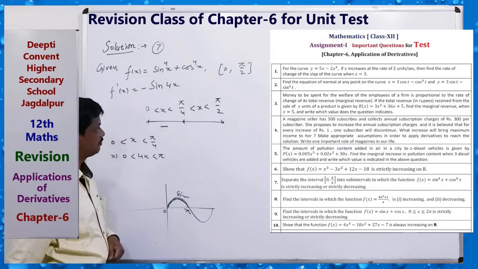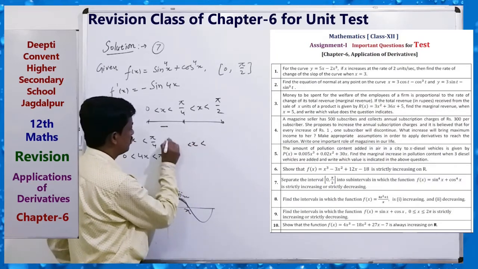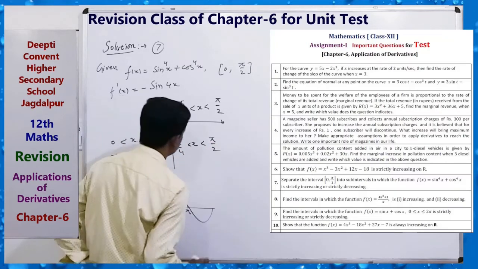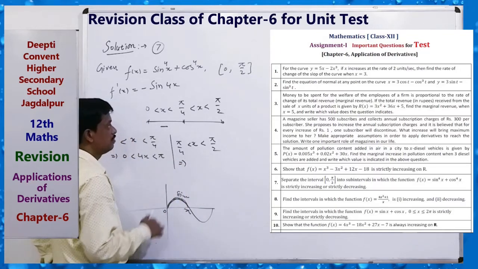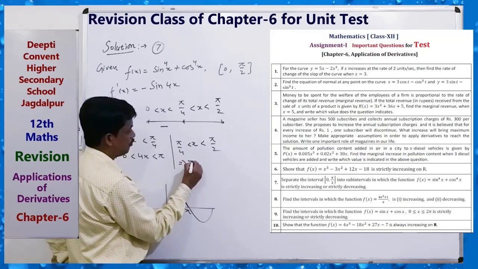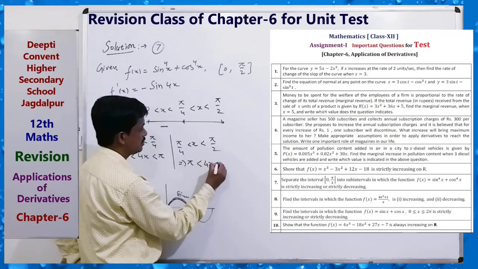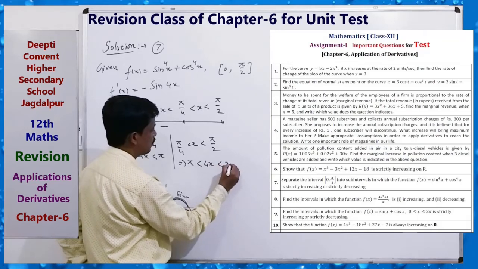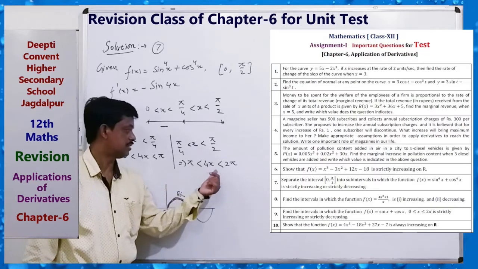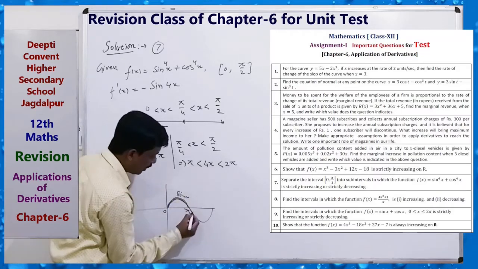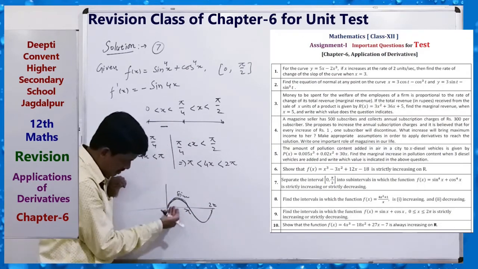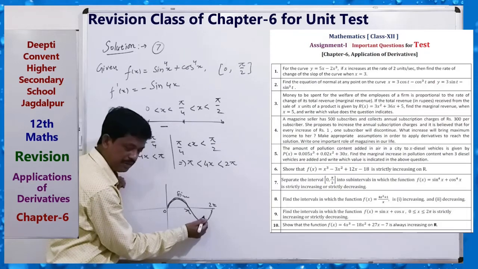Also for the other side, when x lies between pi by 4 and pi by 2, multiply by 4: pi less than 4x less than 2 pi. From pi to 2 pi, sine is below the line, so it is negative.